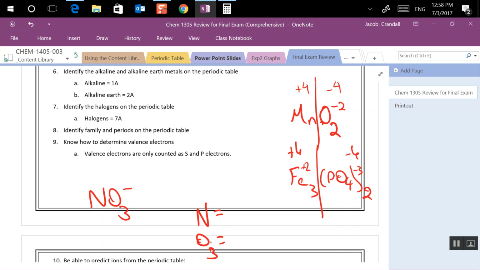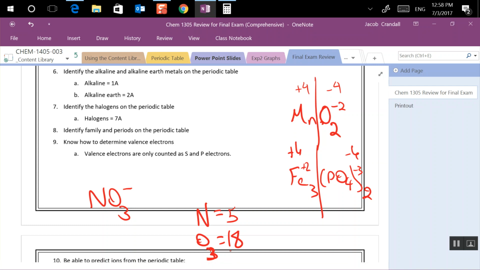Okay, so nitrogen has how many valence electrons? 5. Oxygen has how many valence electrons? 6 times 3? 18. Well, 19, because of the negative. Okay, that's right. We'll get there. But your 18 is right.